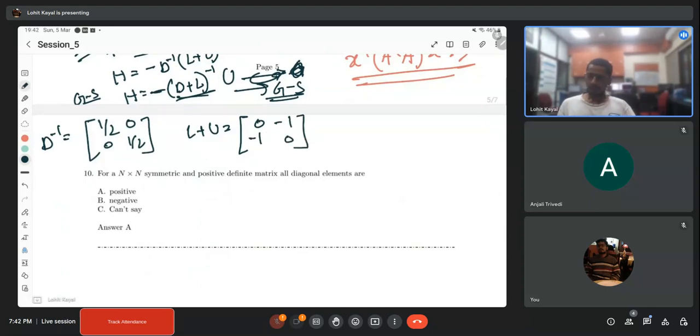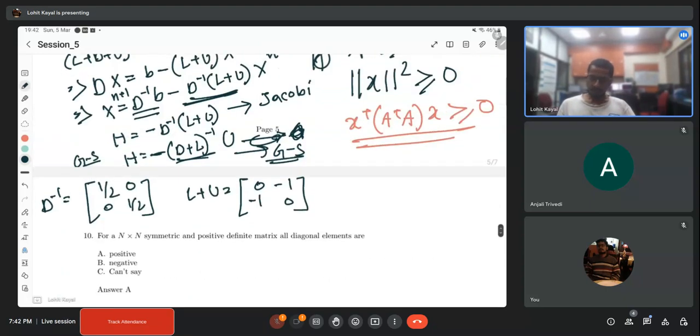Now for these matrices you need to find the eigenvalues, and you need to find the maximum of the eigenvalues. If it is less than 1, then this iterative procedure will converge. If it is greater than 1, then the iterative procedure will not converge.